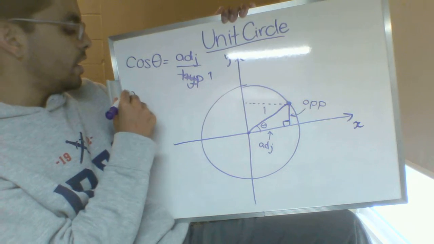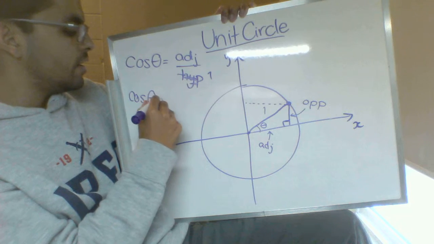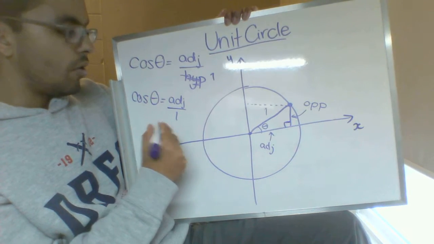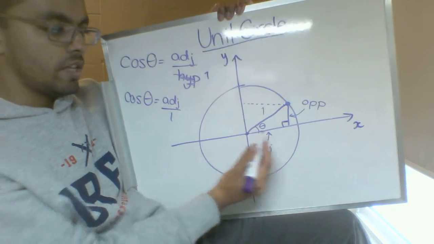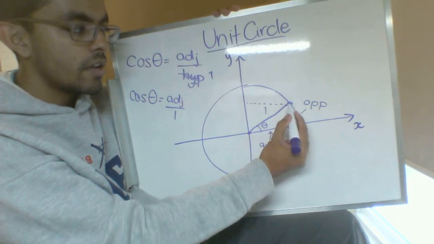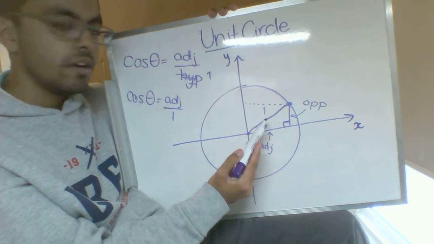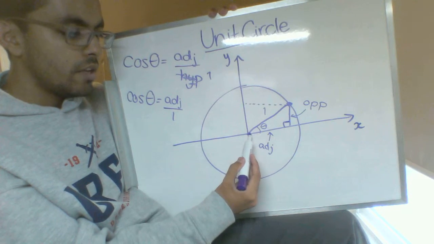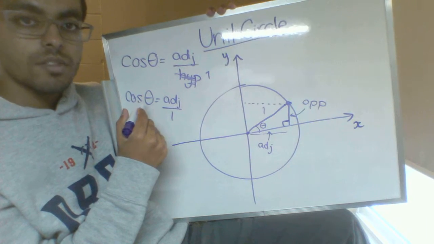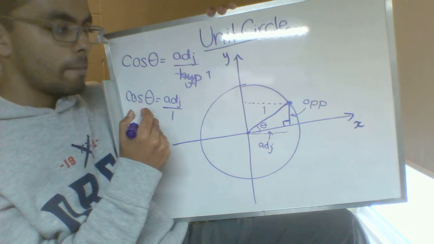So cosine of theta is just adjacent over 1, or the length of the adjacent side, which means the x-coordinate of this point up here is the same thing as cosine of theta.